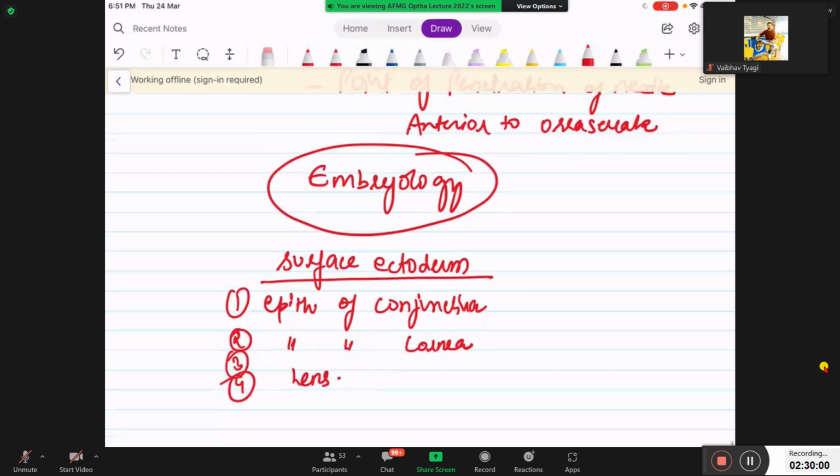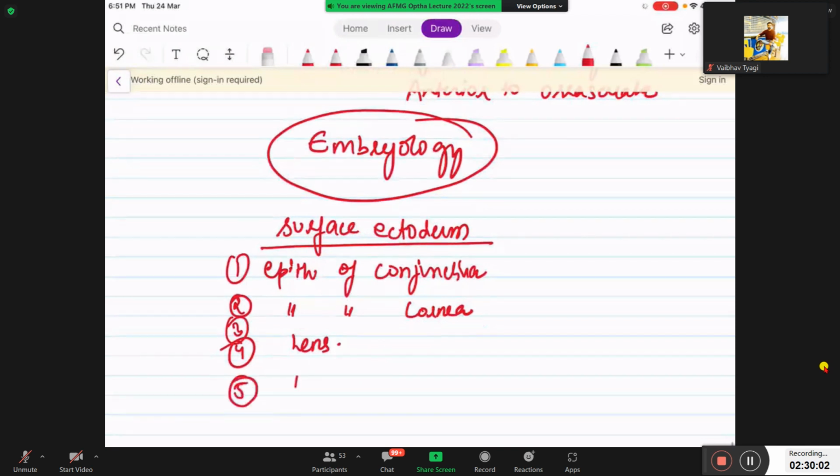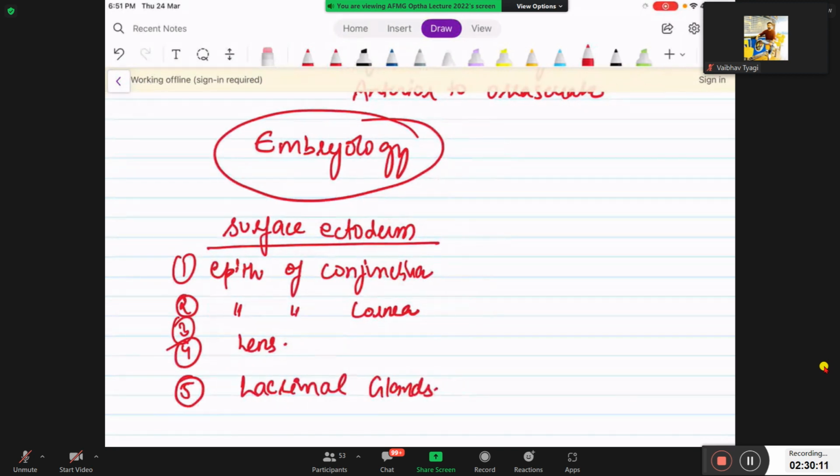Lens is ectodermal in origin. And fifth, lacrimal glands. These are the structures derived from surface ectoderm.